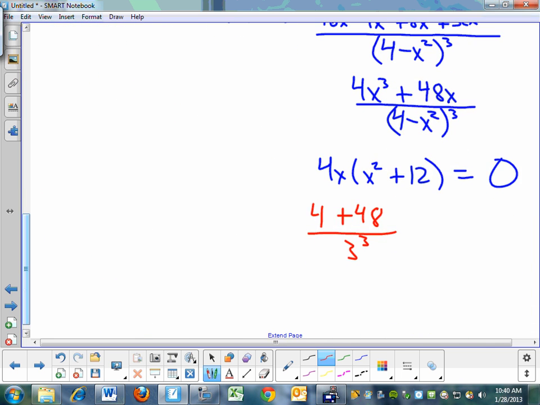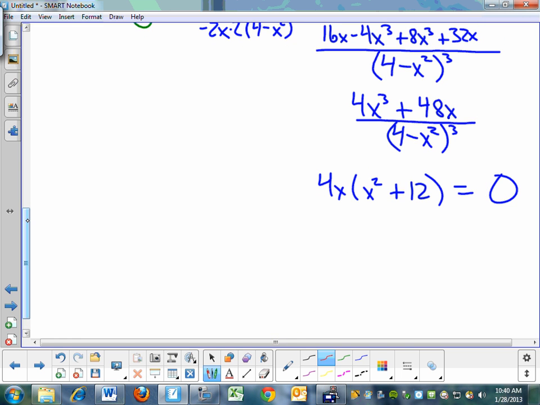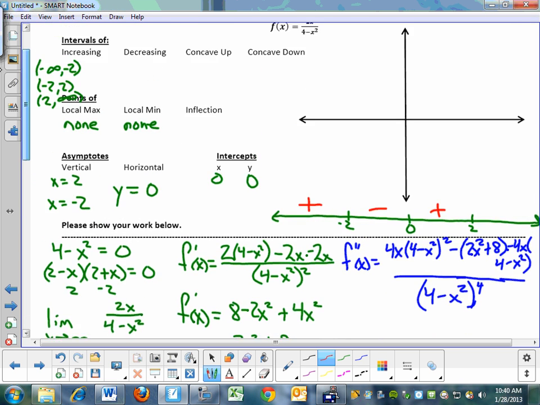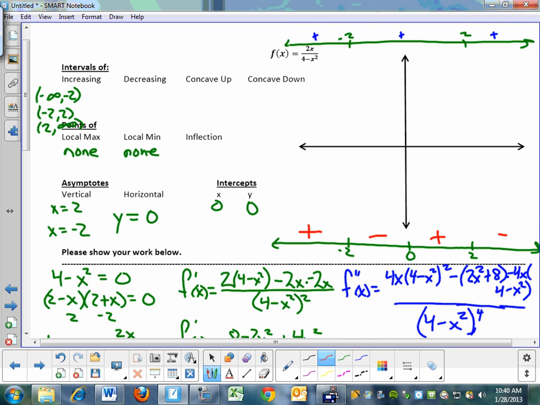And if you try 3, again we get 27 times 4 is 108 plus 144 over 4 minus 9 to the third, which is going to be negative. Let us now write down our intervals, and then let's sketch this thing. Is it ever decreasing? Concave up.